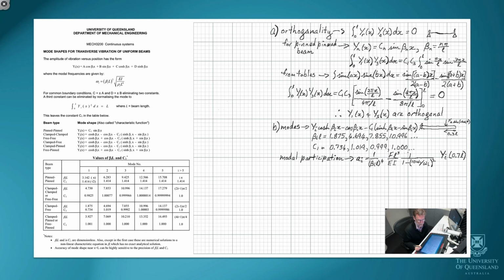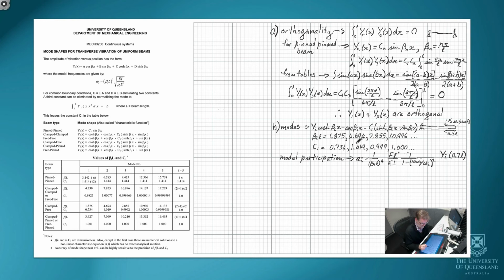All right, now we have an expression here for the mode shapes, the beta i L's and the C1, so we can substitute that in and we can evaluate this mode participation, A i's, for each of the modes. And we can start off at 1 and go all the way up to as far as we want.